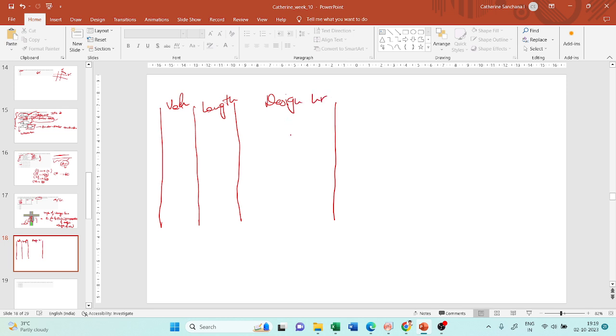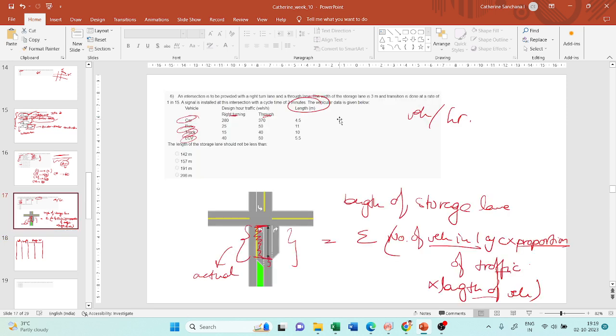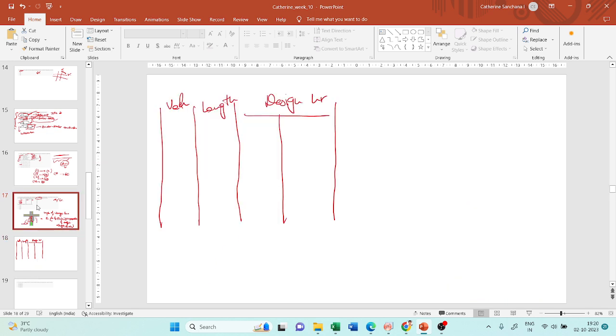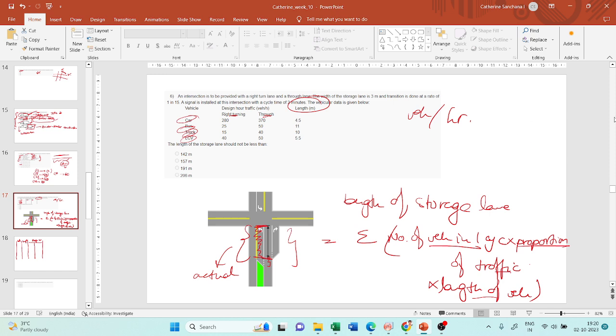They've given you the design traffic for right and through.